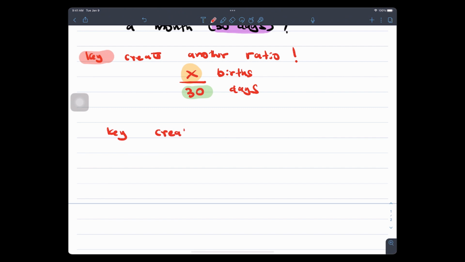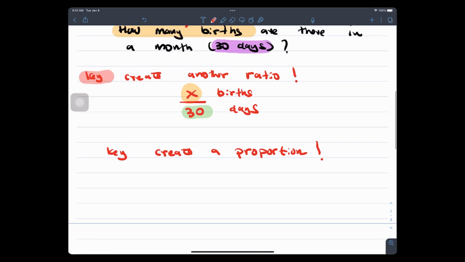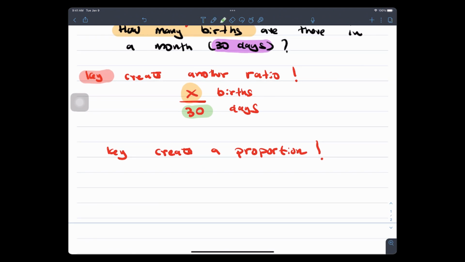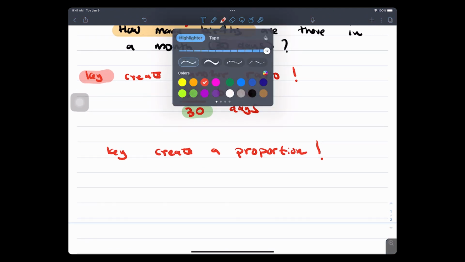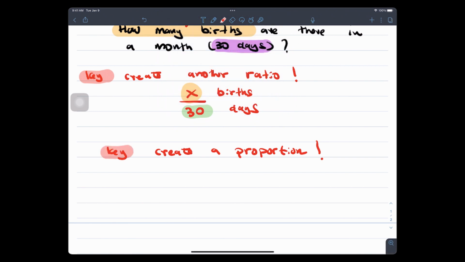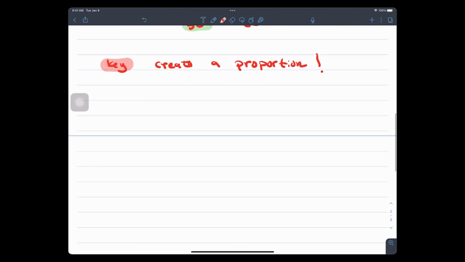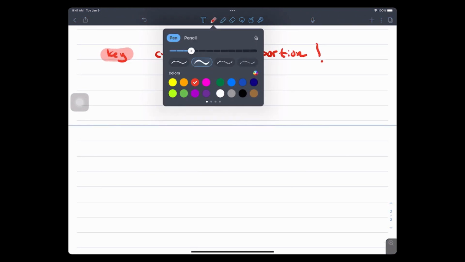Create a what? A proportion. Key. What's a proportion? Do you guys know what a proportion is? Anybody know what a proportion is?